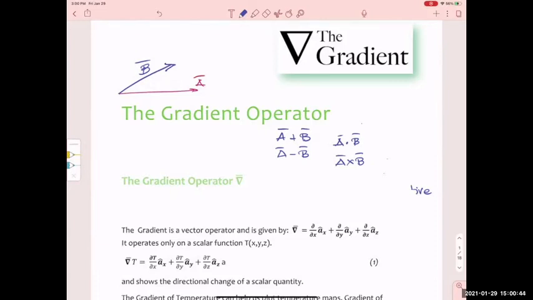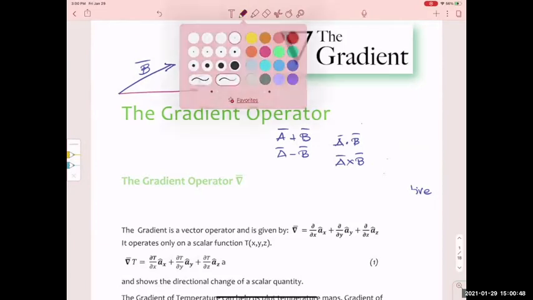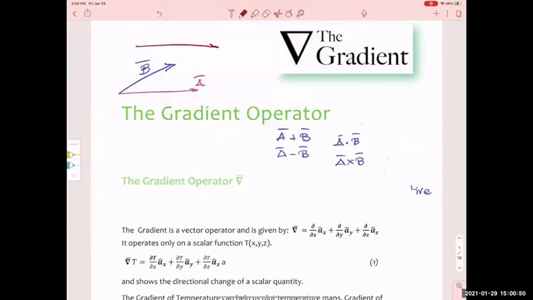So practically, this vector here and that vector there are identical. I can take a vector and move it everywhere I wish, as long as it is a simple translation.